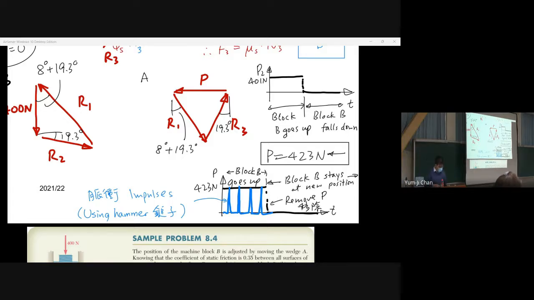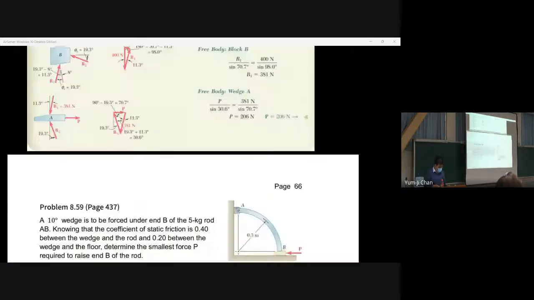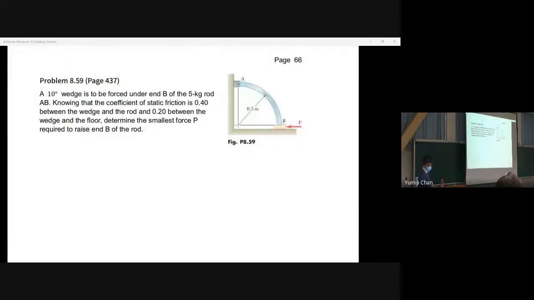Now we go to the next problem. The wedge is at 10 degrees, and the rod AB has a mass of 5 kilograms. And the coefficient of static friction, is this mu S or mu K?